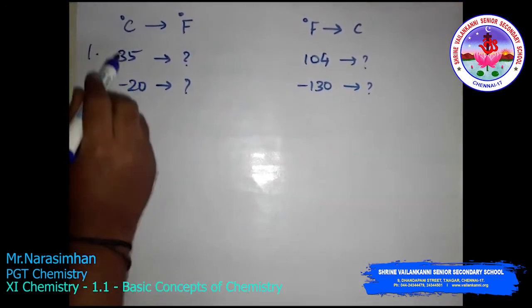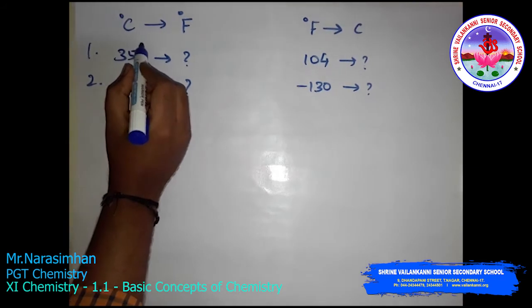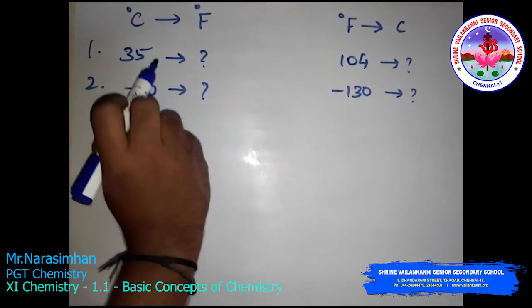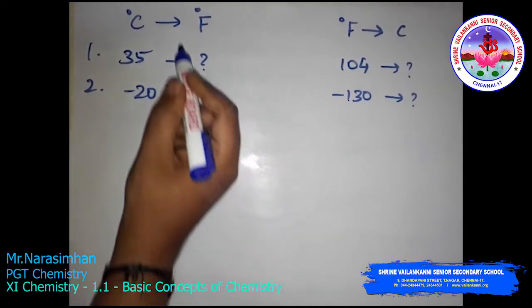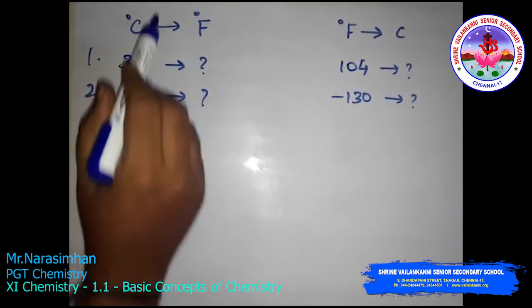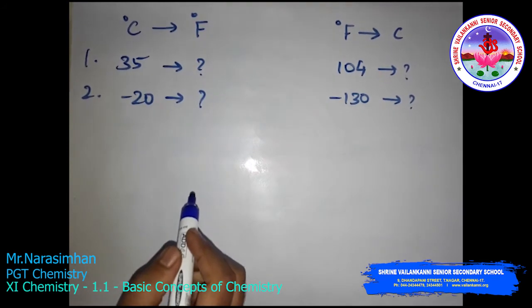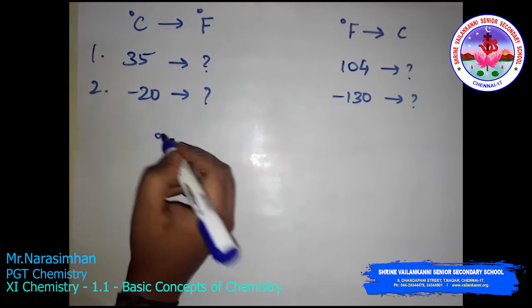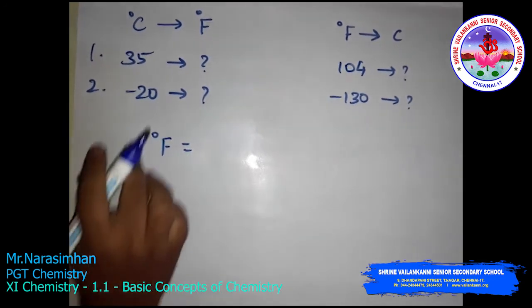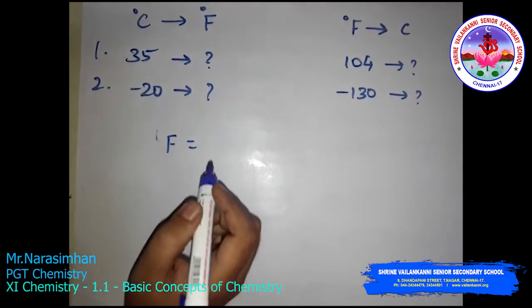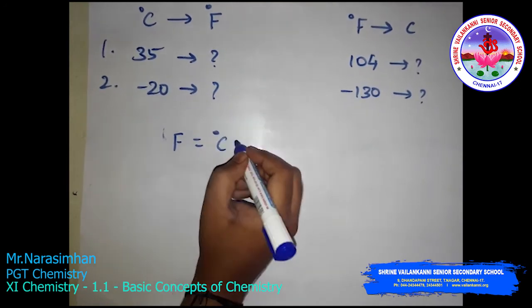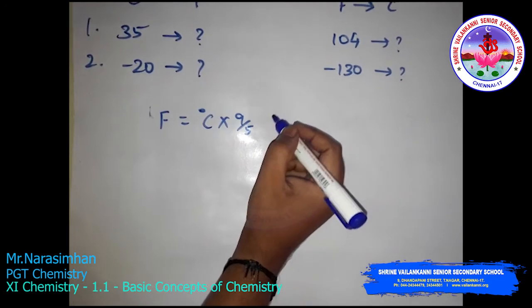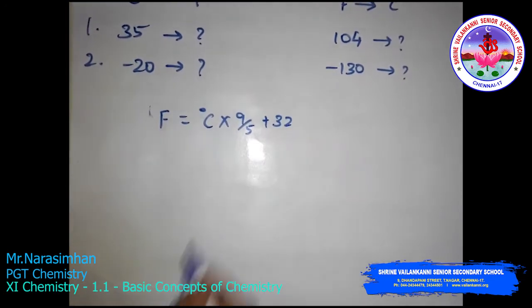First, convert 35 degree Celsius to Fahrenheit. We already know the formula: F is equal to degree Celsius into 9 by 5 plus 32.